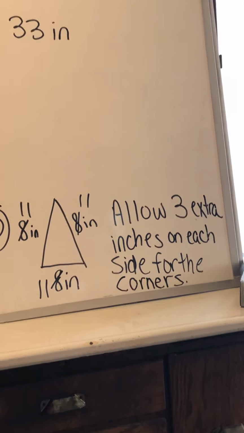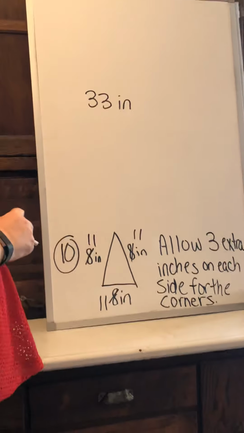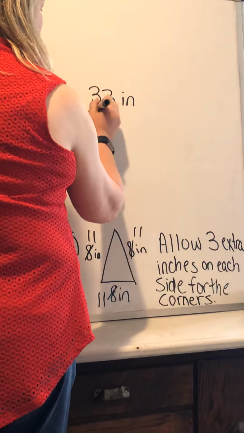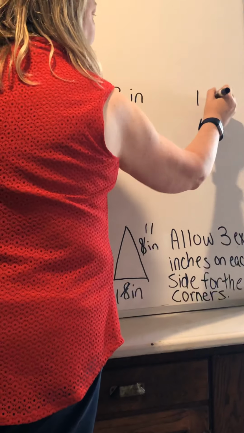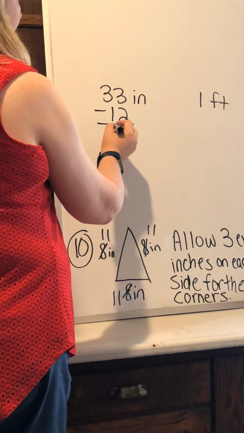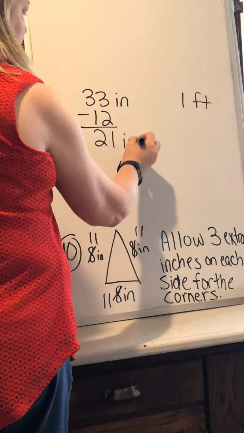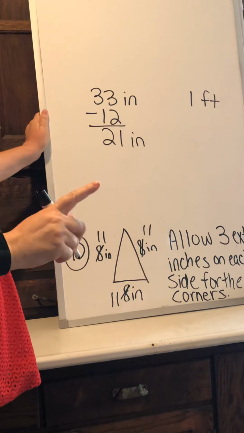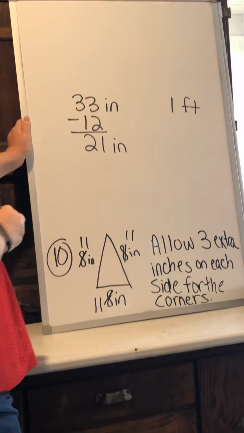Okay, for those of you that are going to convert, we know there's 12 inches to 1 foot. So let's take 12 inches away, and we're going to put down 1 foot over here for that. How many inches do we have left over? Well, we've got 21 inches left over. Do we have enough to take away another foot's worth? Well, yes we do.